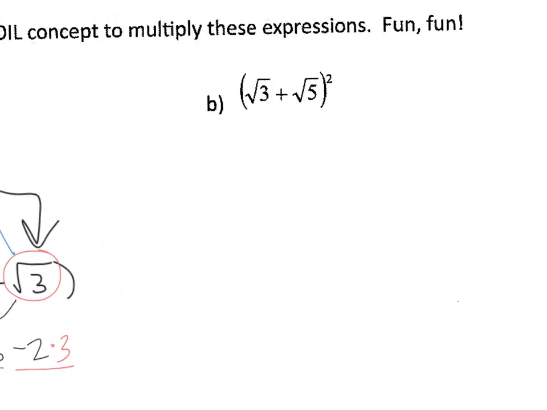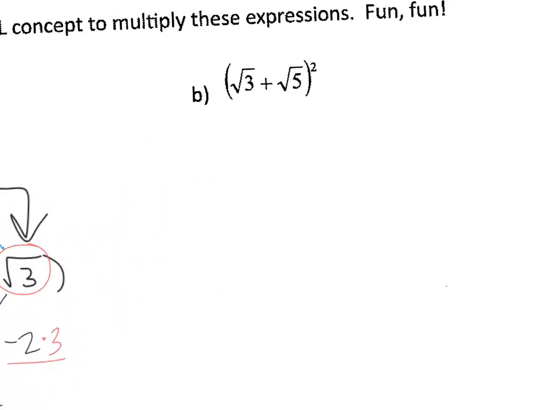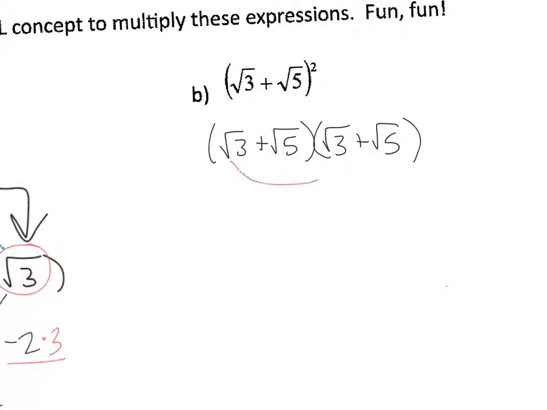Now I'm going to show an example where it's squared. So if it's squared, you need to write this out twice. So it's root 3 plus root 5 times the quantity root 3 plus root 5. So root 3 times root 3 is 3. Root 3 times root 5 is root 15. The middle term is also going to be root 15.